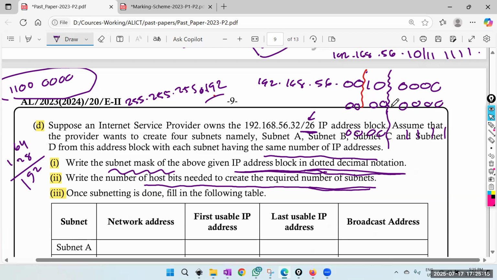So then it will be 192.168.56.0. Network address is all zeros. Next one I will take as 0, 1. So the broadcast address will be this address.